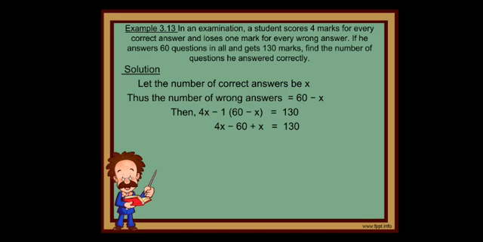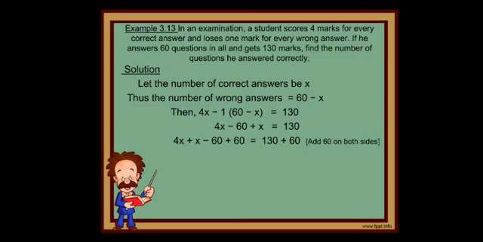So here group the like terms, that is 4x plus x minus 60 is equal to 130. 4x plus x is 5x minus 60 is equal to 130. So here we have minus 60. We have to remove that minus 60.